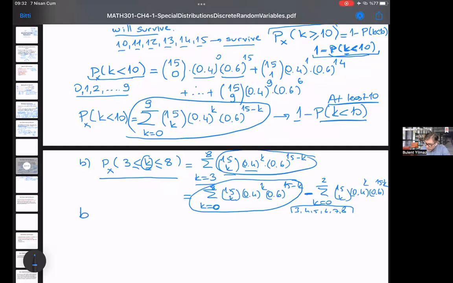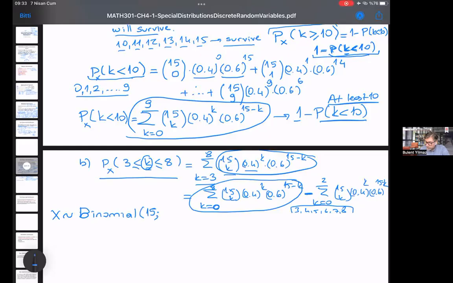Binomial distribution, X is distributed according to binomial distribution, and 15 is the total number of, let's say, people in the group, and then I'm gonna put a semicolon here, and then I will be interested in the probability.